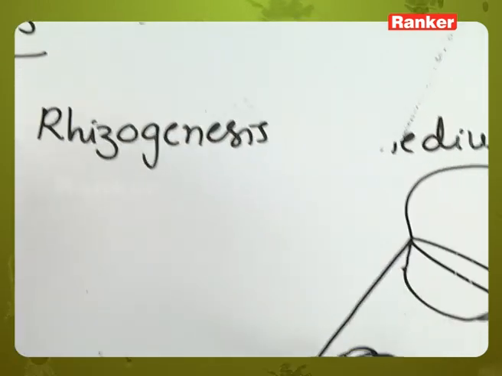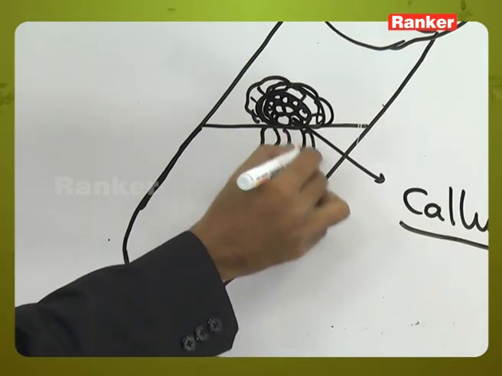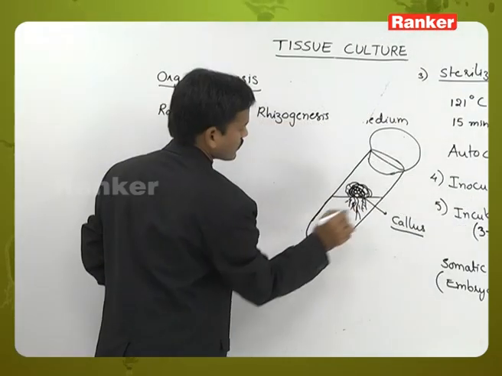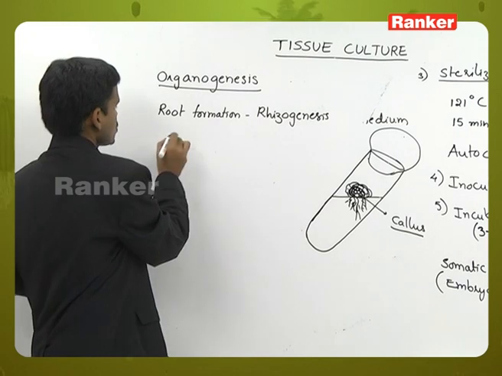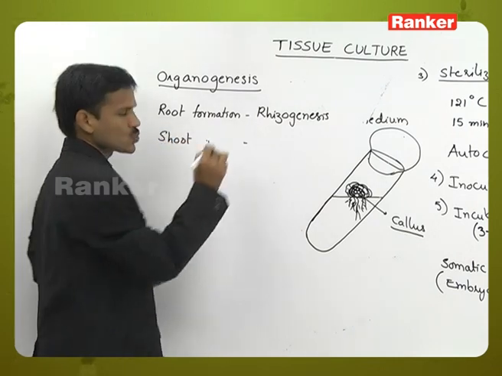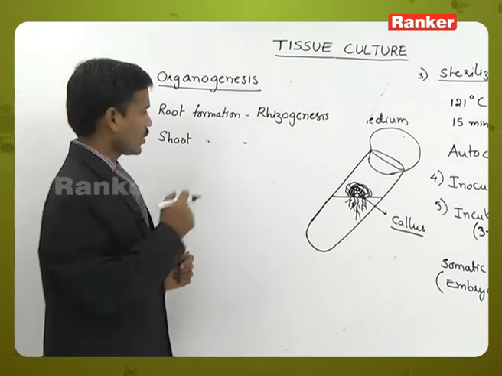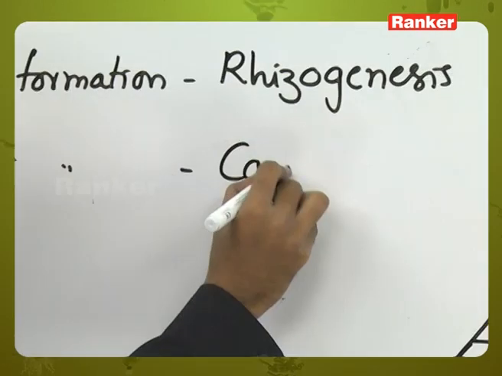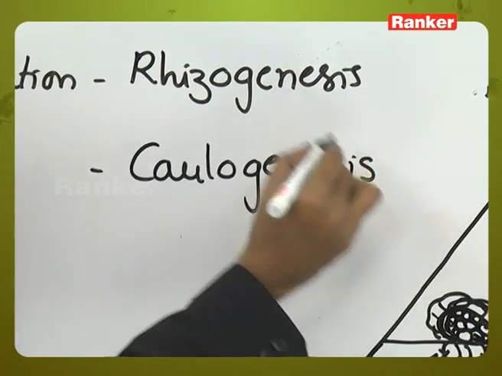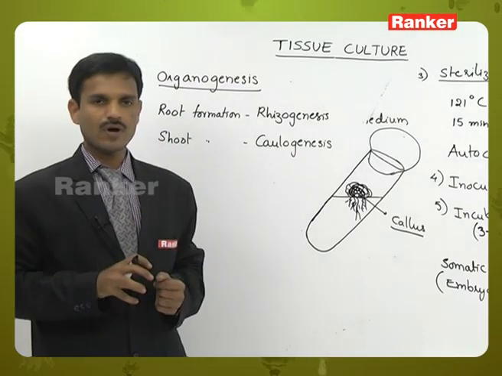Here roots are formed. And shoot formation is called caulogenesis. So, root and shoot are formed.